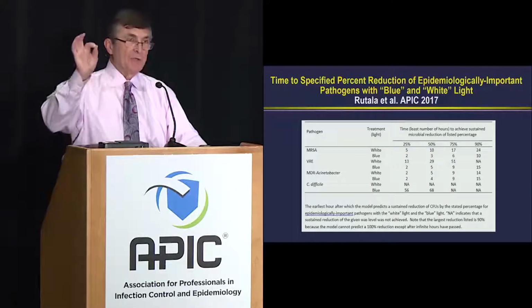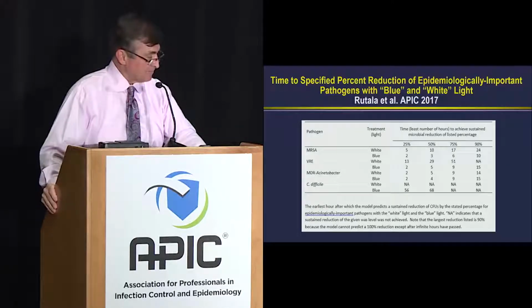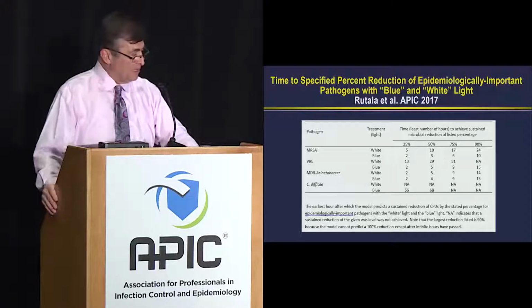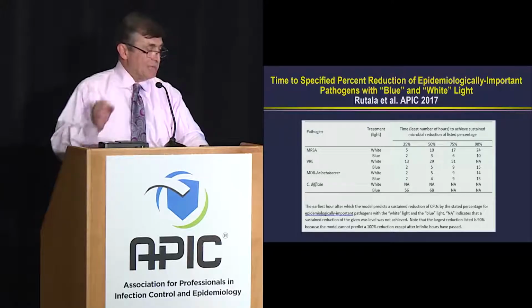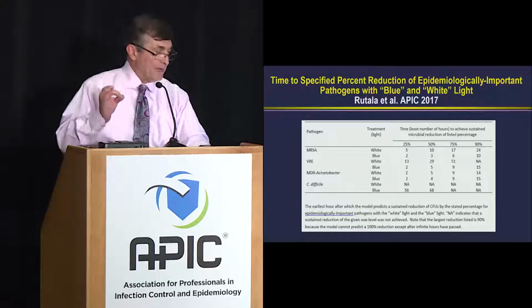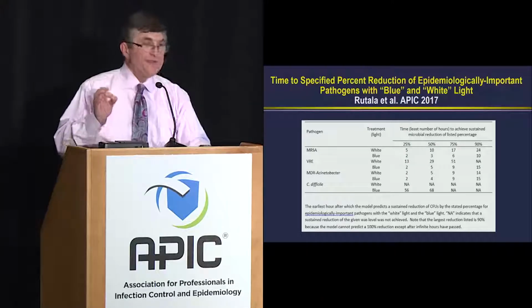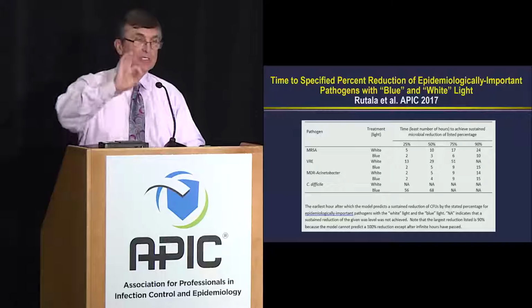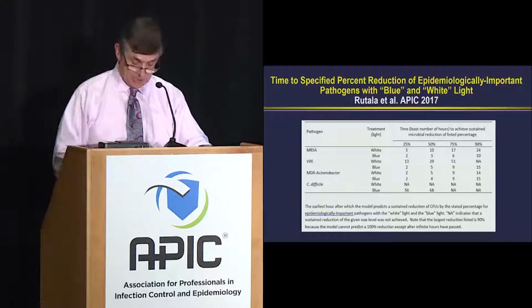Now, if you walk down that far right column, you'll see something like multiply drug-resistant Acinetobacter, 90% reduction for white light 14 hours, for blue light 15 hours. So essentially those are the hours for an activation of 1 log or a 90% reduction of epidemiologically important pathogens.